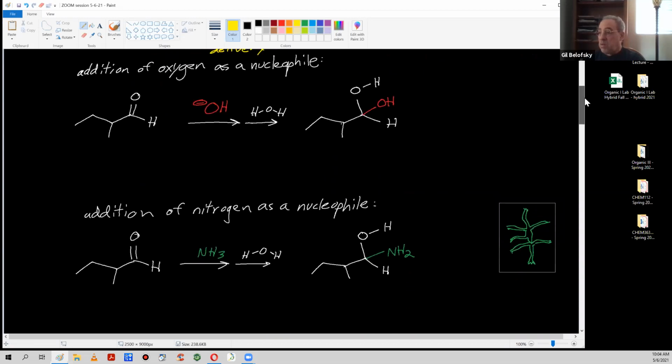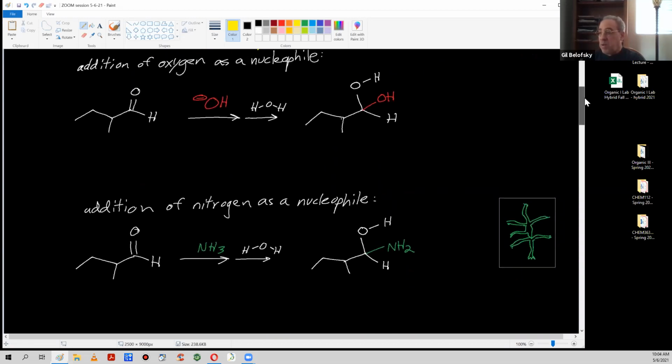So the way we're marching through this is like, what about other nucleophiles that do basically the same thing? So again, you're looking at an aldehyde that has the same kind of reactivity. You're looking at electrons from an oxygen that can form a bond to the carbonyl carbon. And the bond it's forming is this bond right here on the right. And it's displacing electrons onto the oxygen here.